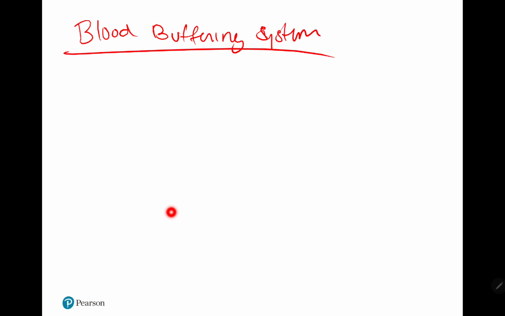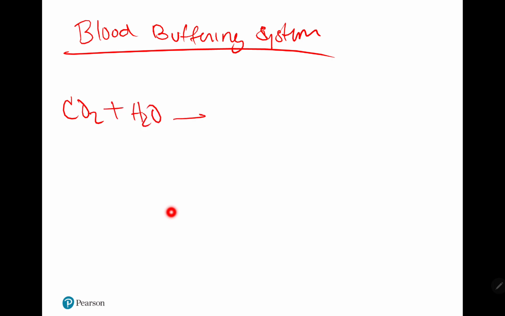I also just wanted to mention briefly that blood buffering system. As is always going to be important too. So for example, remember from ventilation that we have carbon dioxide. When carbon dioxide is in the plasma, it mixes with water.